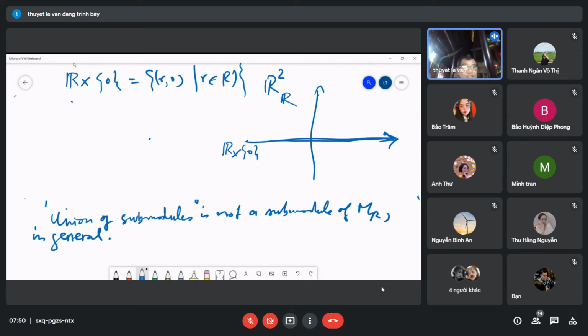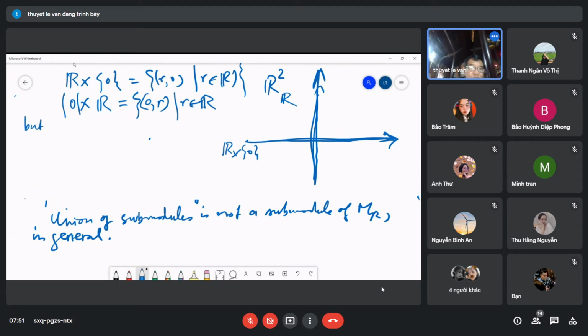And then the set (0, r) with r in R. That is here, and both are submodules.